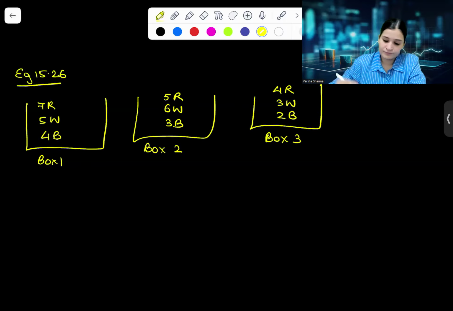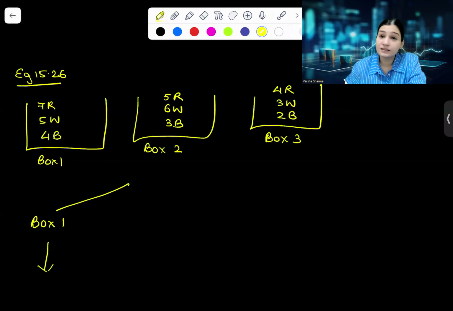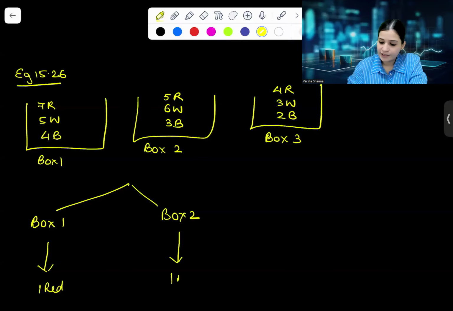Box 1 is selected. From that, we are taking 2 balls. Box 1, and then 2 red balls. Where is it written, 2 red balls? What is the probability that a drawn ball is red? Only one ball is drawn. Oh, sorry, 1 red ball. Then we have box 2, and then 1 red ball. Box 3, 1 red ball.